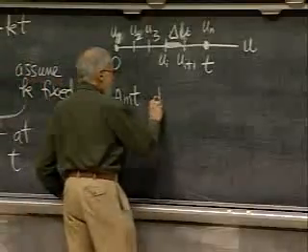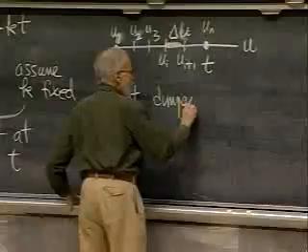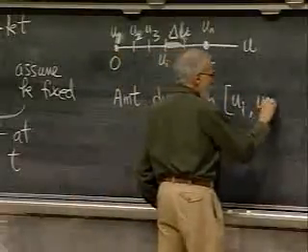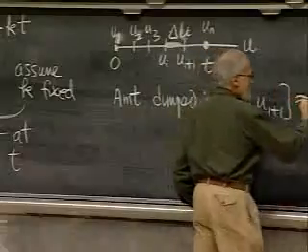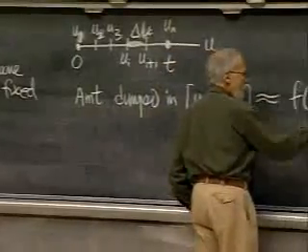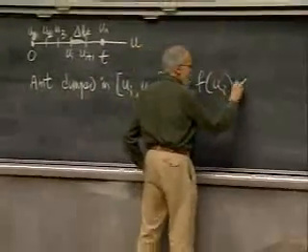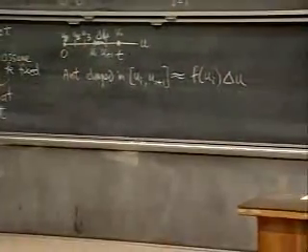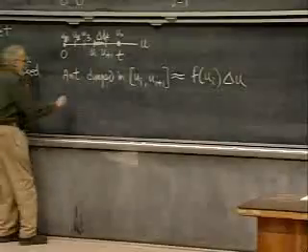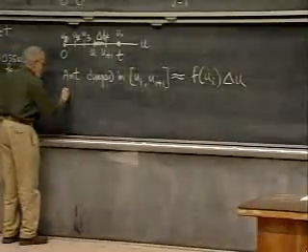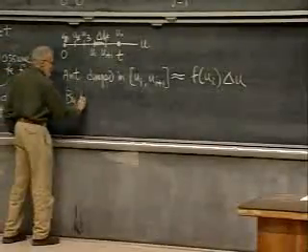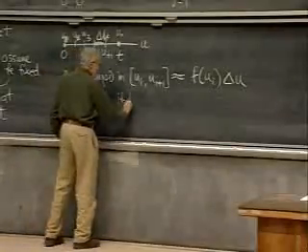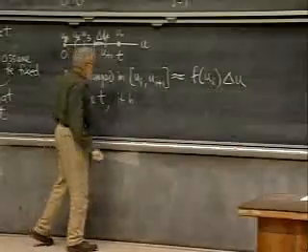So the amount dumped in the time interval from ui to ui plus 1 is approximately f of ui, the dumping function there, times delta u. We calculated that before. That's the meaning of the dumping rate. By time t, how much has it decayed? How much is left, in other words?